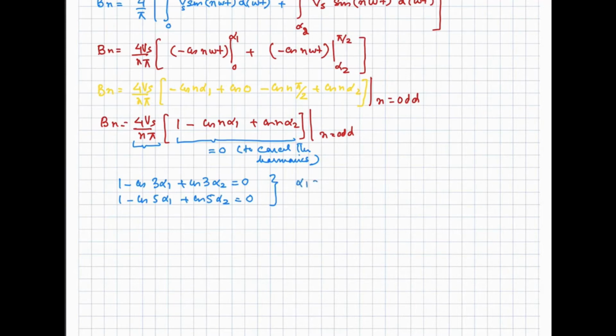So alpha 1 comes out to be 17.83 degrees, and alpha 2 will be equal to 37.97 degrees after solving these equations using the iterative technique.